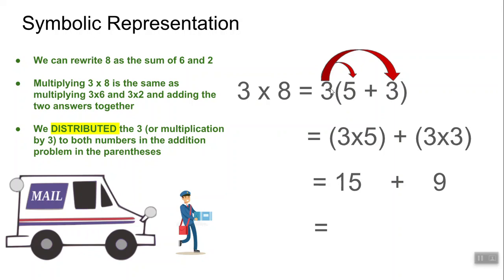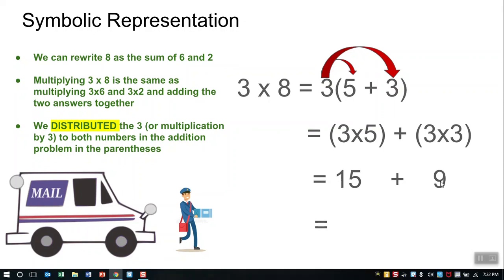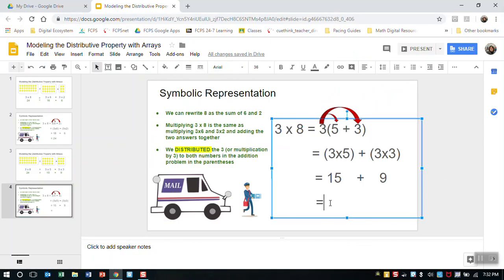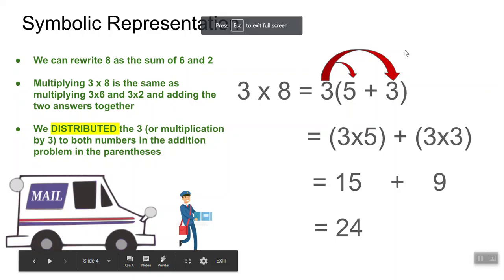So I'm going to distribute my 3 to the 5 by multiplying 3 times 5 and getting 15. I'm going to distribute my 3 to the 3 by multiplying 3 times 3, getting 9. So my postman has stopped at every house along the way, and he has delivered his 3 via multiplication, and we still get 24.